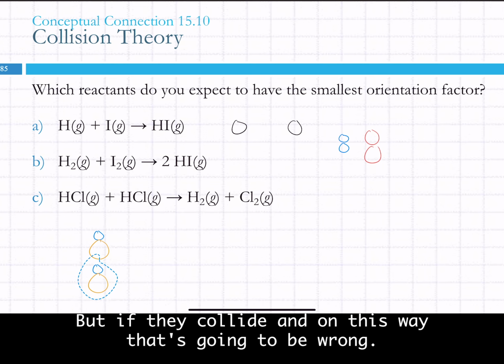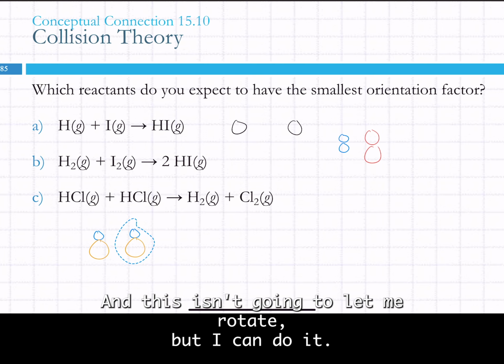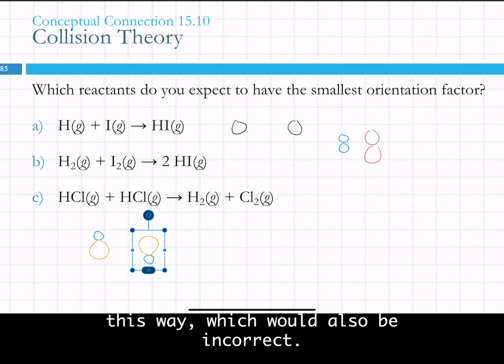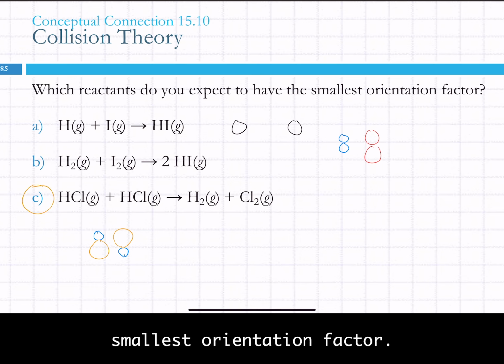But if they collide end on this way, that's going to be wrong. If they collide end on this way, that's going to be wrong. They can also collide this way, which would also be incorrect. So there's more incorrect ways that they can collide. So C would have the smallest orientation factor.